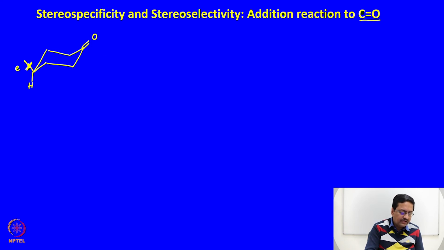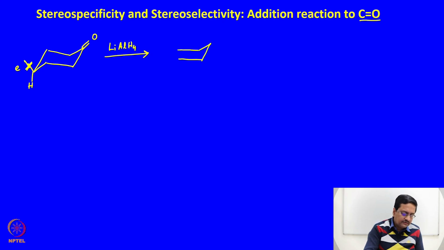When this compound is treated with lithium aluminium hydride, you already have seen that the carbonyl group gets reduced to form the alcohol.